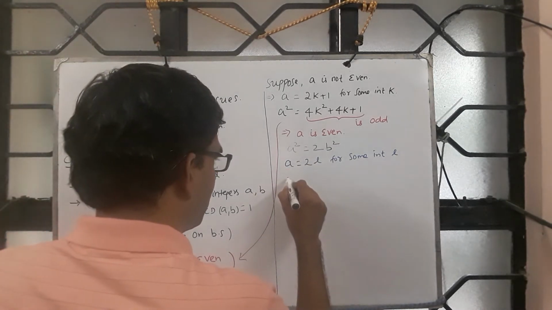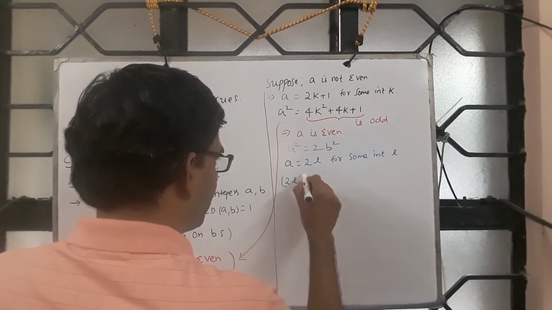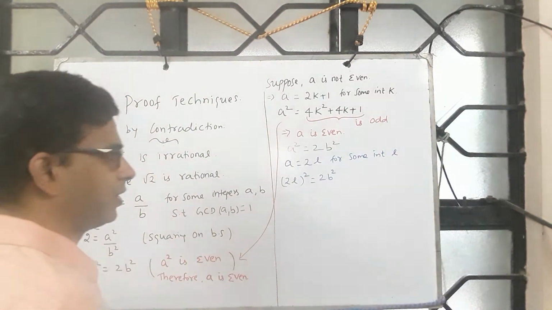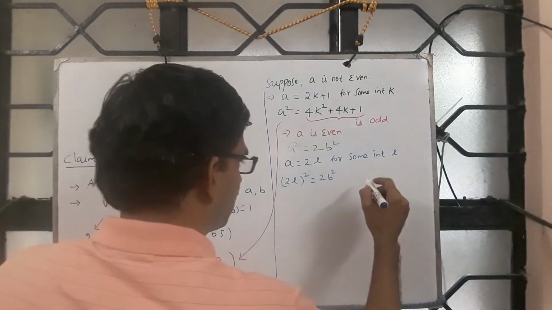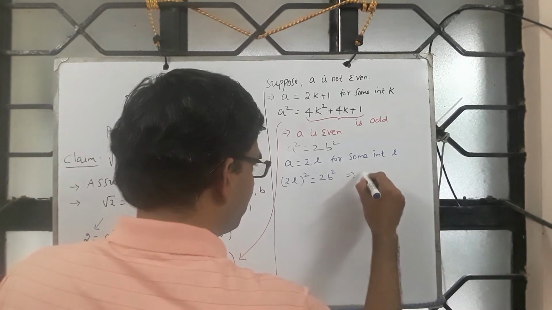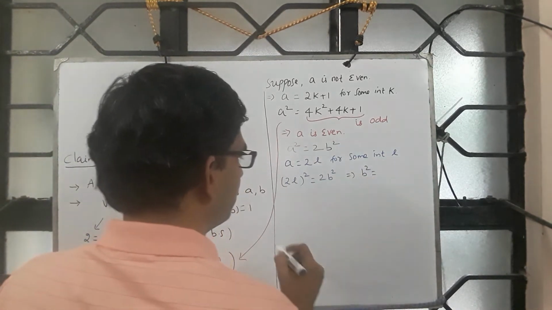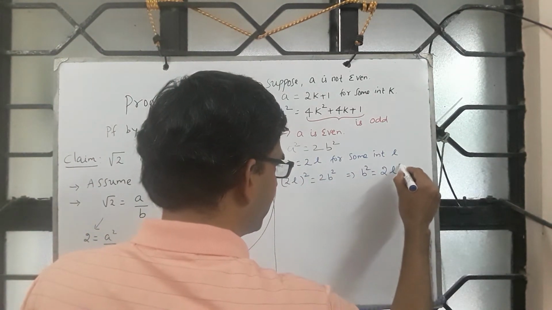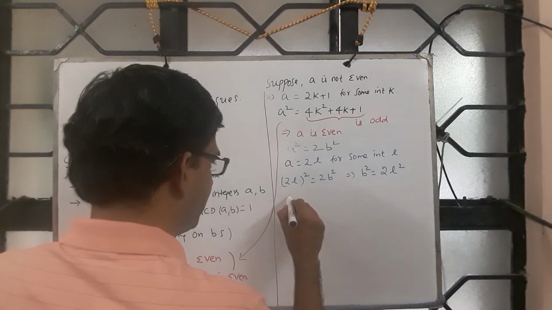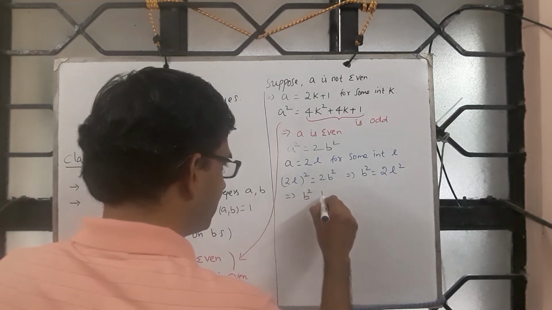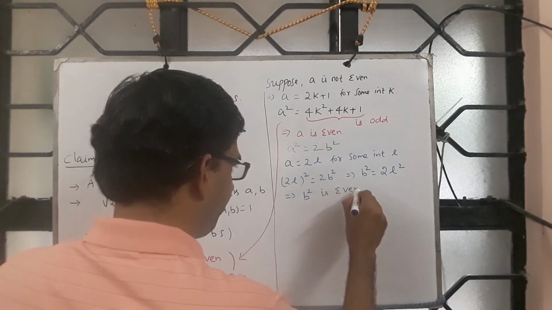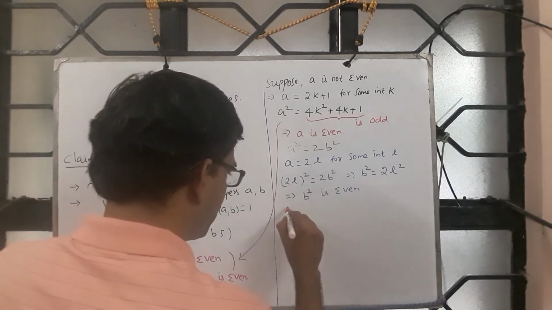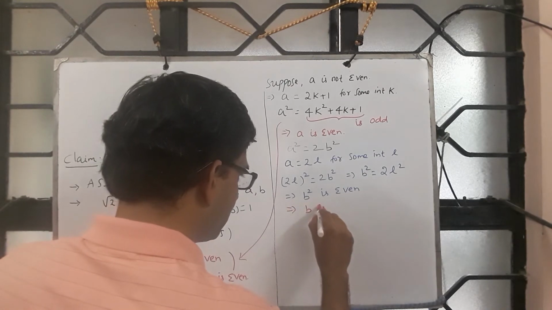Now (2l) square is 2b square, correct? So if you simplify, b square is equal to 4l square by 2, so you get 2l square. This means b square is even. Similar to this proof technique, you can also show that b is even.